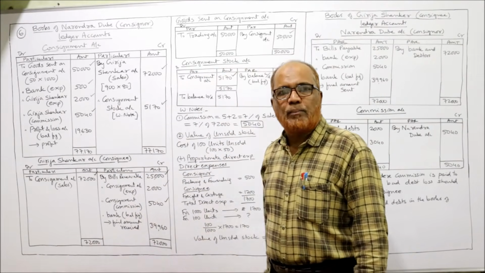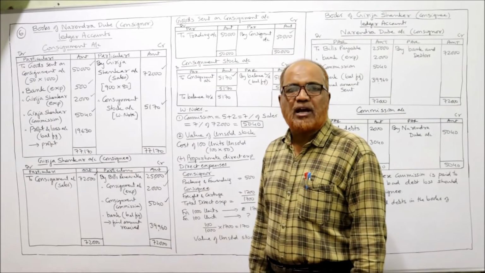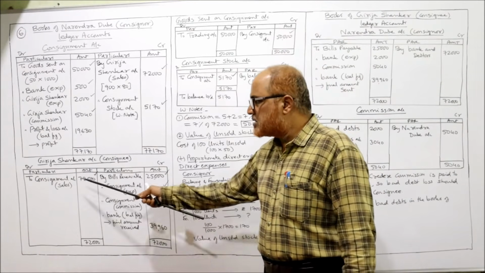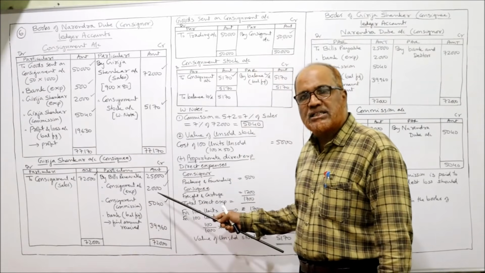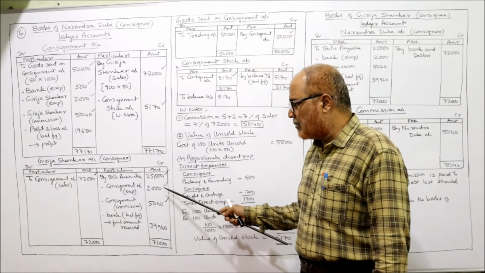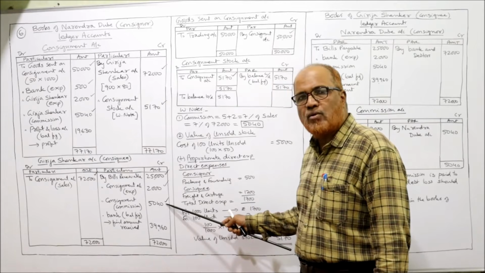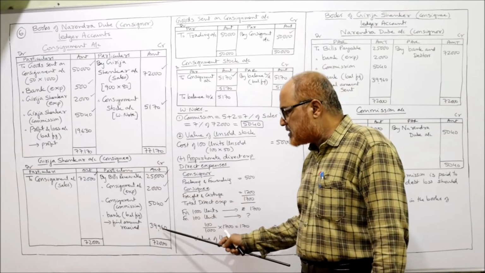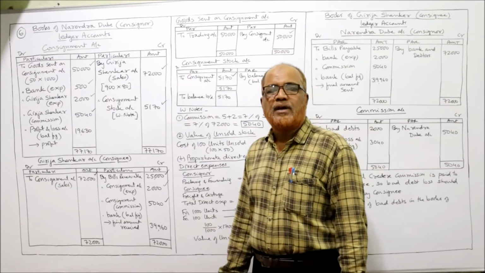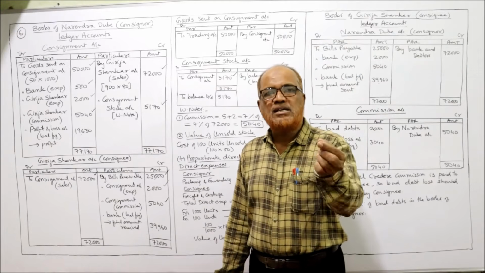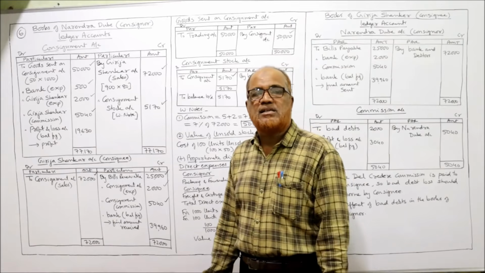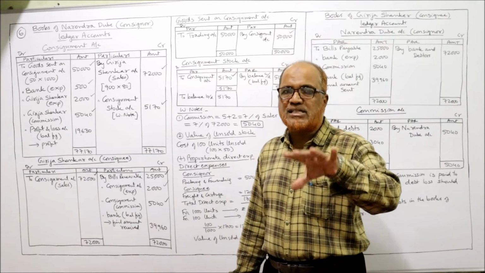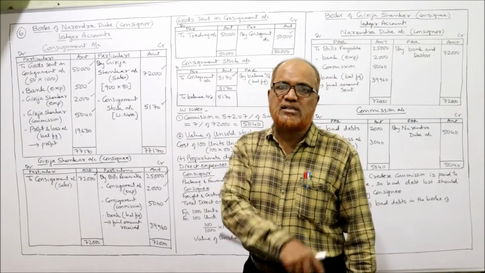The consignment account completed. Now come to Girija Shankar account, consignee account. Debit side 72,000. From 72,000 deduct 25,000, 2,000, 5040. Balancing figure is 39,960. Now 39,960 is the amount paid by consignee. Last sentence it is given, the remaining amount has been sent by consignee to consignor.